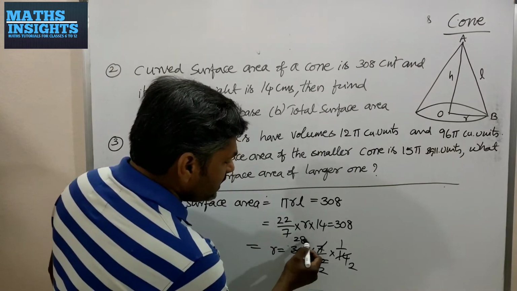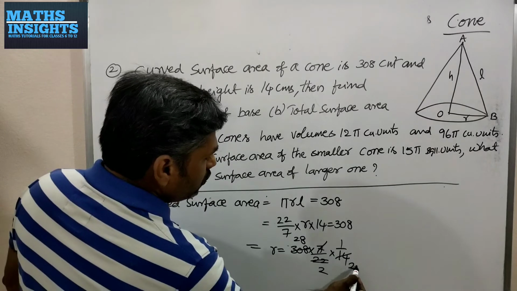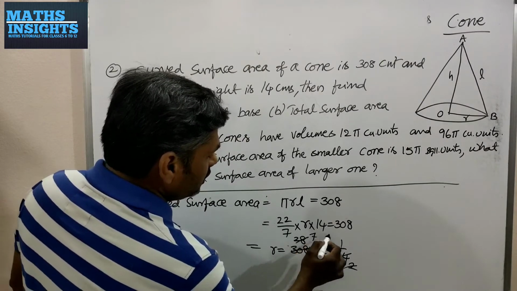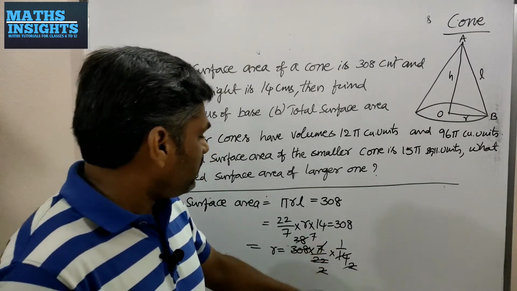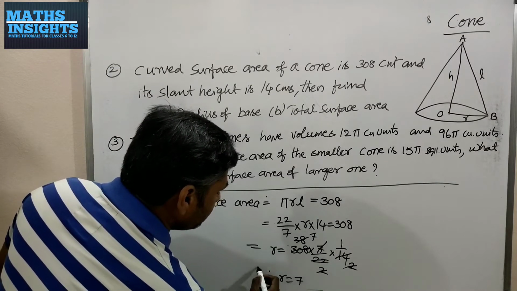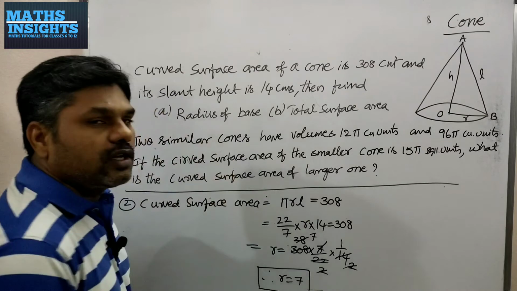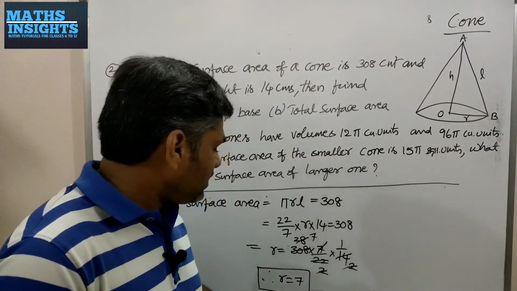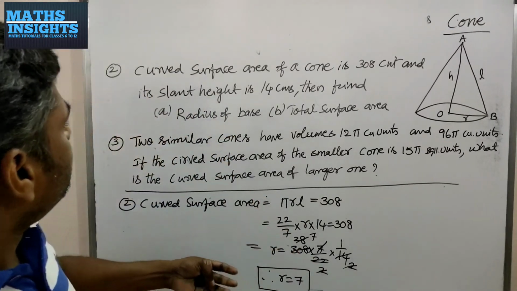So what is remaining? Only 7 is remaining. Therefore radius of the circular base of the cone is 7 centimeters.